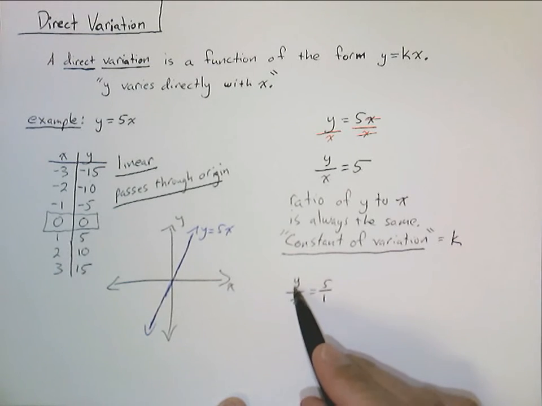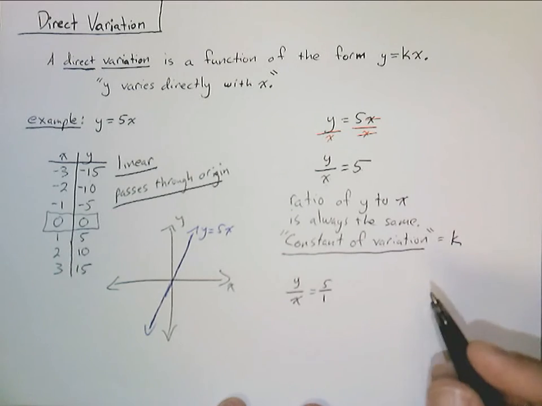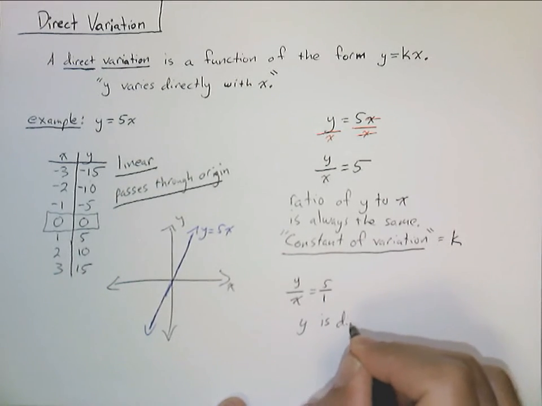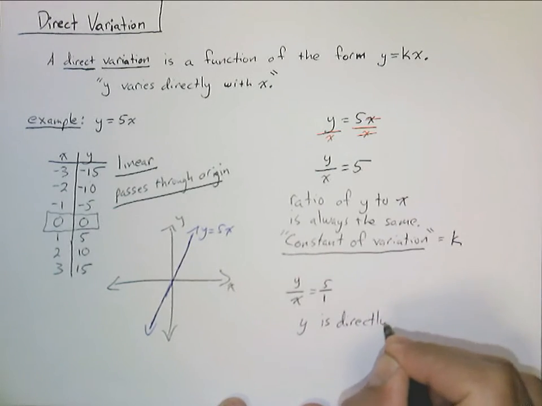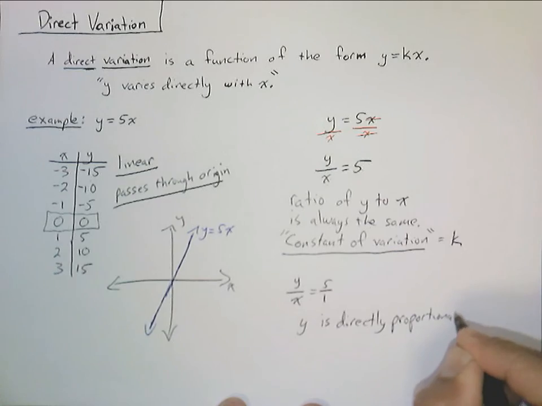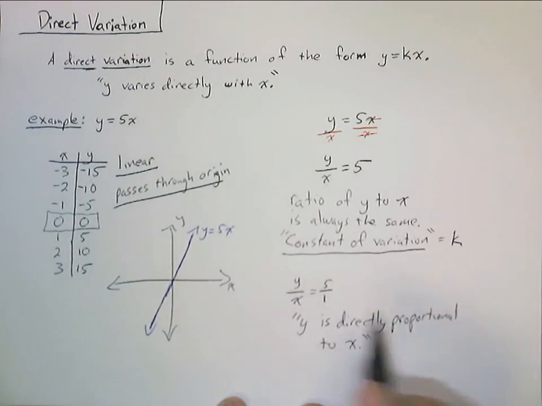Notice a proportion is, of course, just one ratio equal to another ratio. So another way of phrasing this is saying that y is directly proportional to x. Which means the exact same thing as saying that y varies directly with x.